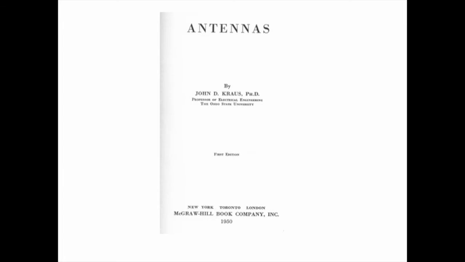There are textbooks. This is the McGraw-Hill Electrical and Electronic Engineering book. Lots of textbooks deal with electronics and antennas. This is John Kraus's book, Antennas, a typical textbook that we used at Virginia Tech.